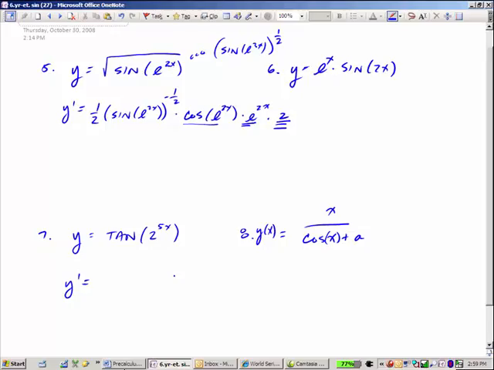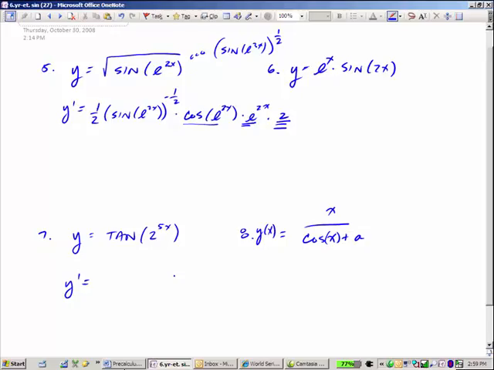What's the derivative of e raised to something? E raised to something. What did we do next? Sine. What's the derivative of sine of something? Cosine. That's where the cosine came from. And then we took it to the 1/2 power. That's where the 1/2 to the negative 1/2 came from. So we actually looked at the inner function and worked ourselves out from where the chains come from. It's easy once you have the answer. If you don't have the answer, you have to work from the outside in.